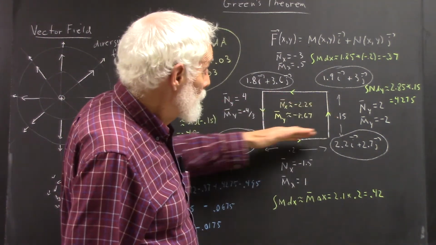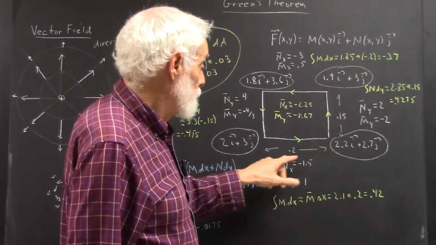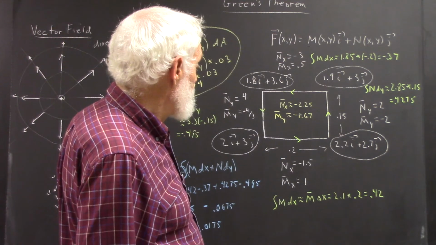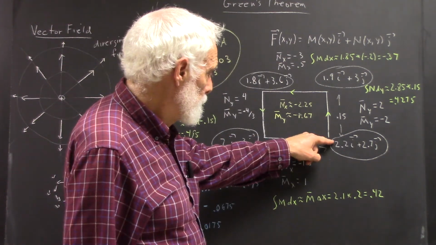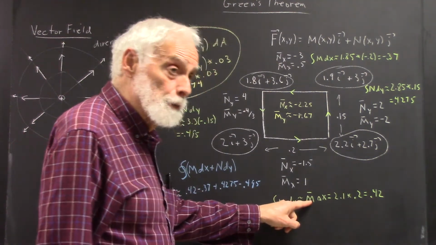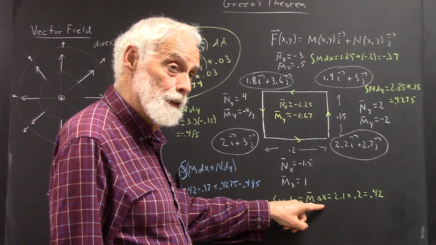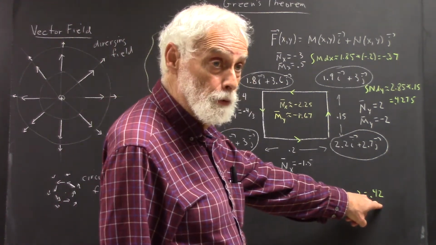If this was a segment of the x-axis, you'd be multiplying the average value times the delta x. That's all we do. So the integral of M with respect to x from here to here is approximately equal to the average value of M times delta x, which is 2.1 times 0.2, 0.42.